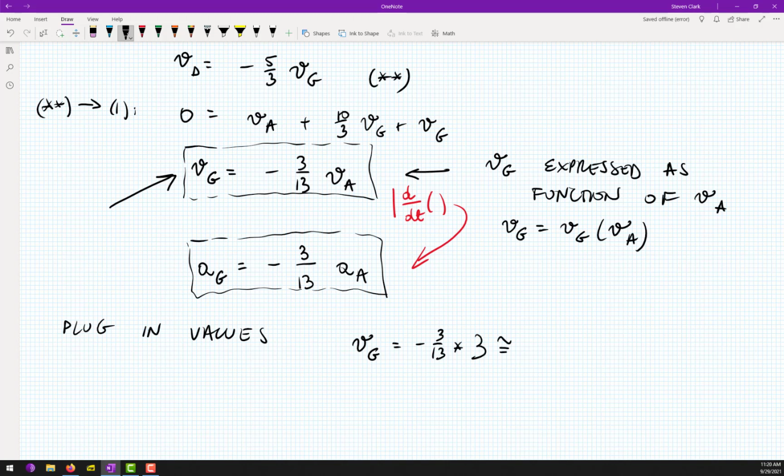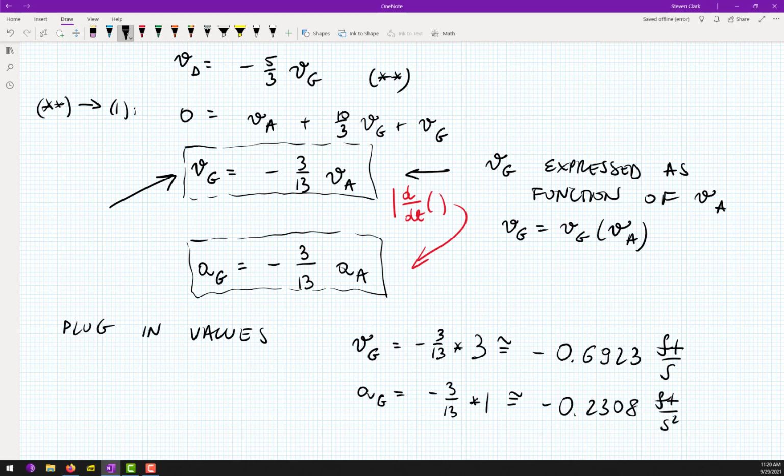Grab your calculators and obtain that this is equal to minus 0.6923 feet per second. When it comes to magnitude, we will talk about vector in a second. AG is minus 3 divided by 13 times 1, and this is approximately minus 0.2308 feet per second squared.